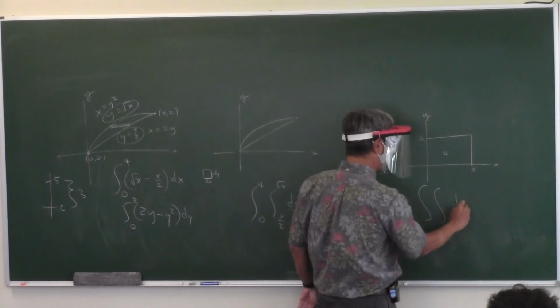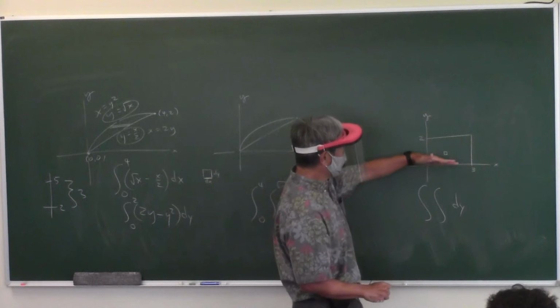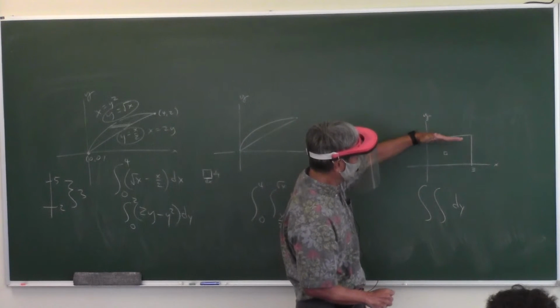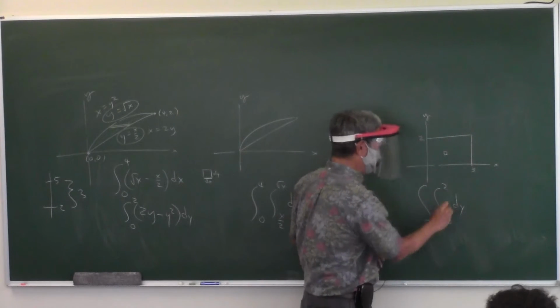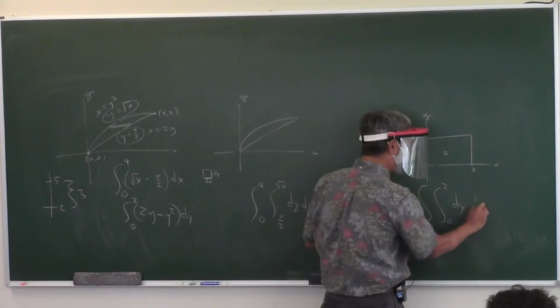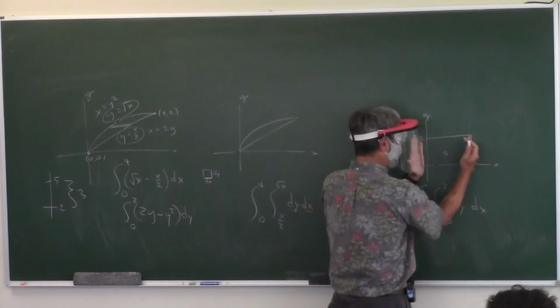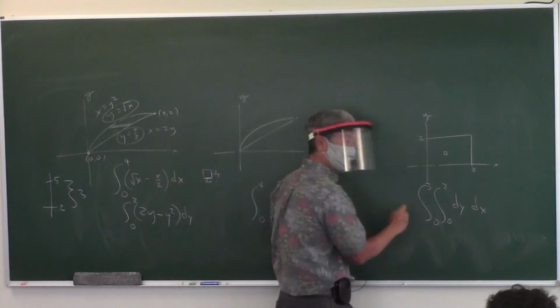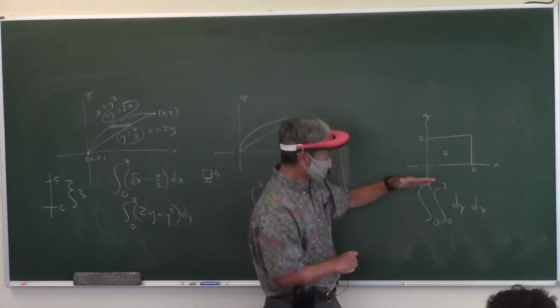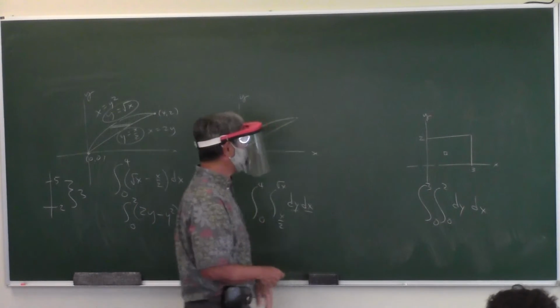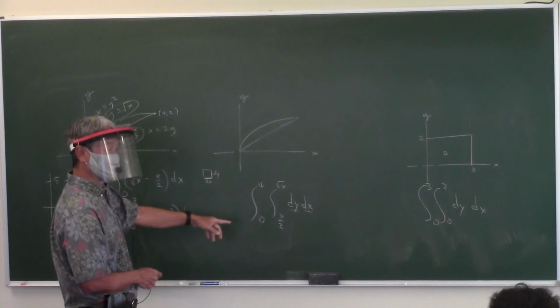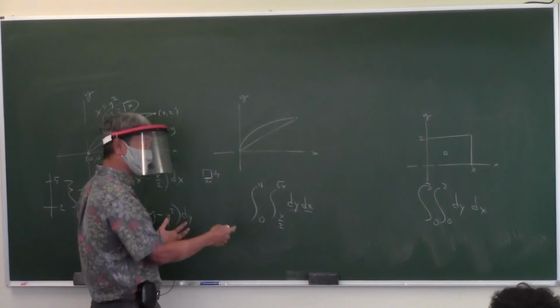If you integrate with respect to y, y is simply going to go from 0 to 2. And then when you integrate with respect to x, it's going to go from 0 to 3. So y is always from bottom to top, x is going left to right. So you get that? Okay, let's actually compute it now.